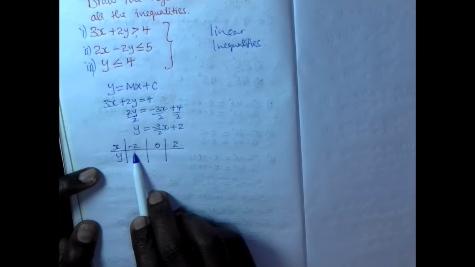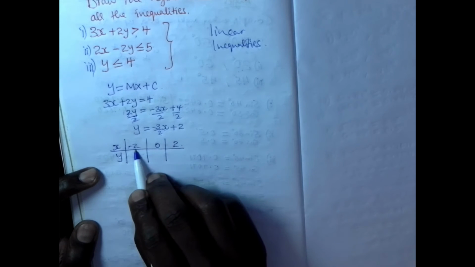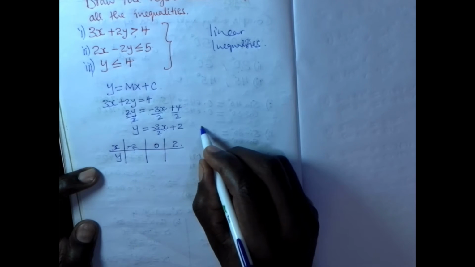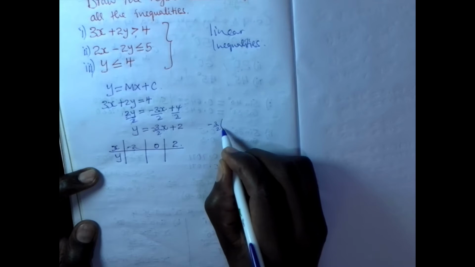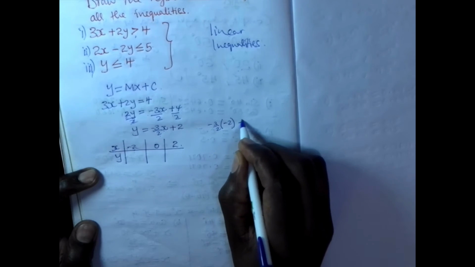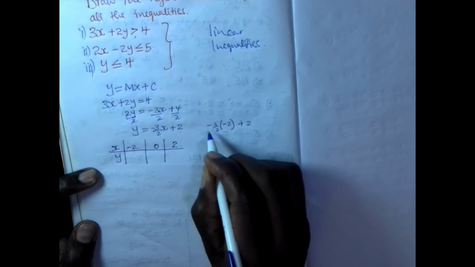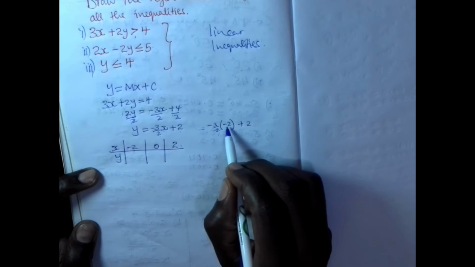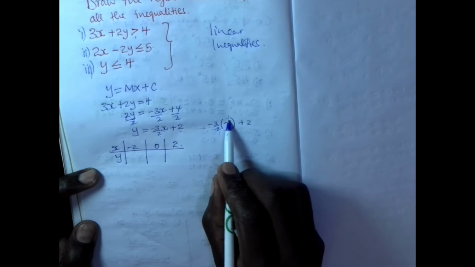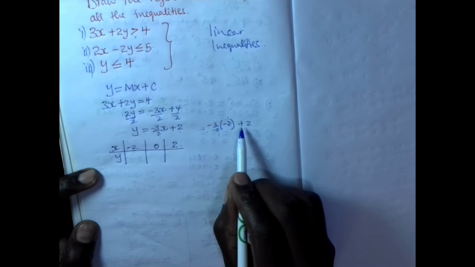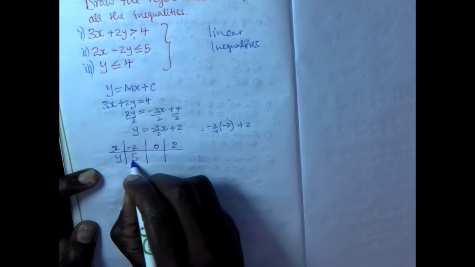When x is minus 2, we have minus 3 over 2 times minus 2, which is minus 3 times minus 1, that is 3, then plus 2, so y is 5.